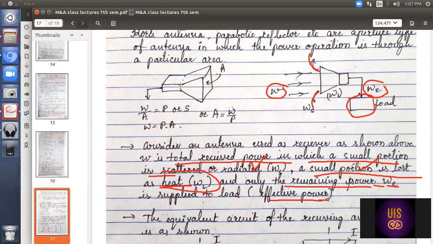Removing all the skin, probably you'll be left with 1.5 kg of pineapple. It's like that. All these losses, scattering, are like the skin which you cannot eat. Only the effective or edible part will be left, that is the effective part. I hope you understood the example. So let's proceed.